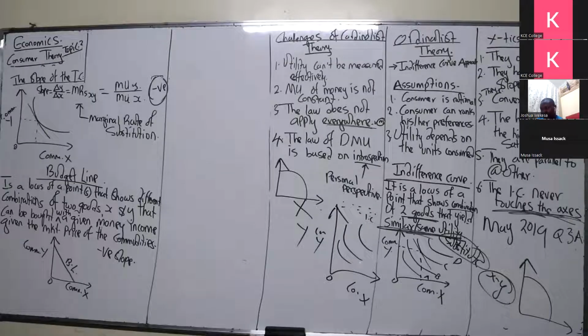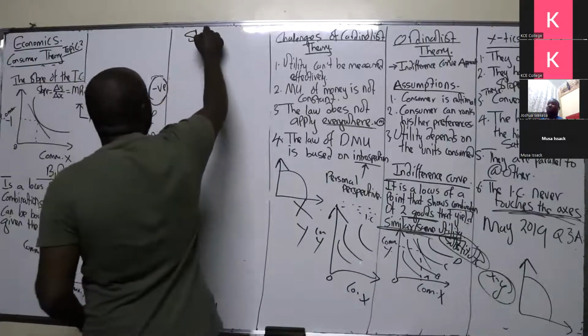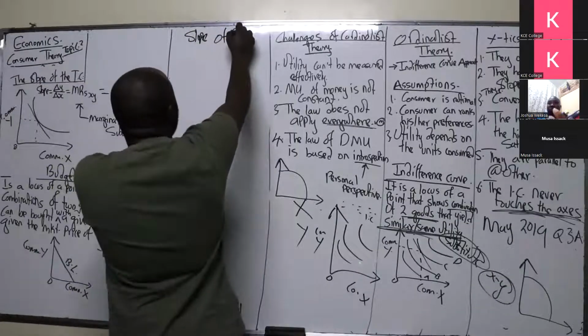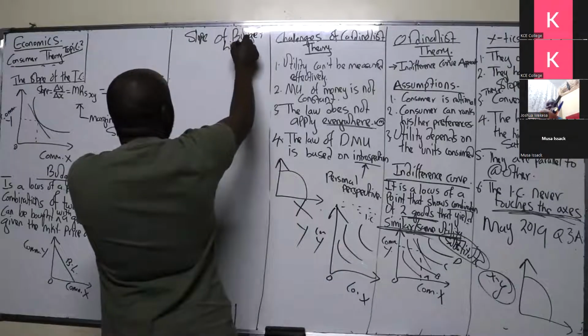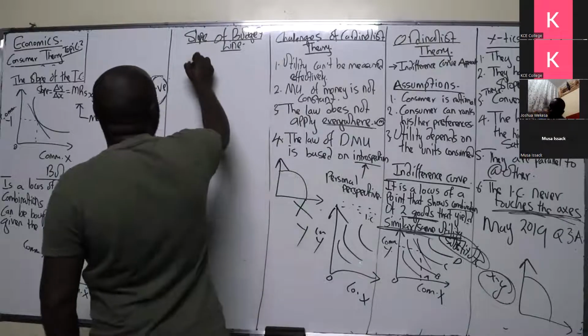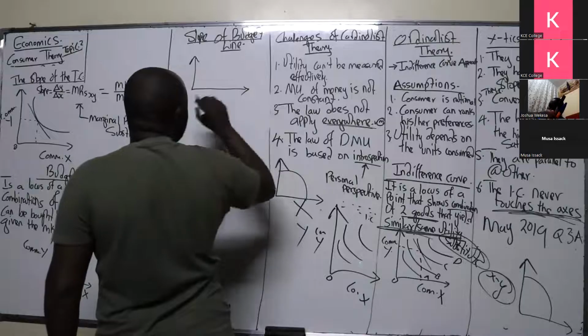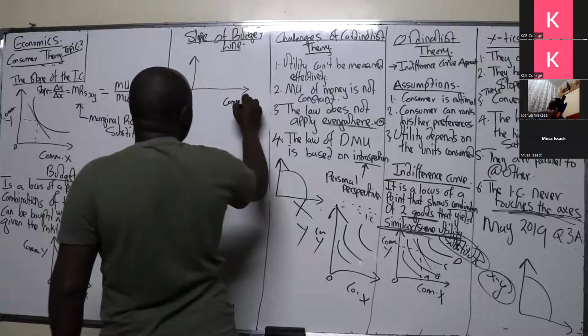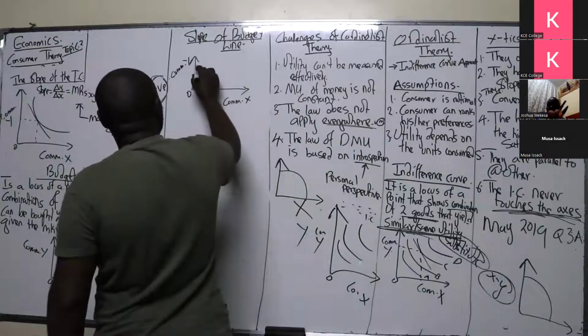So the next thing that we shall be tackling is the slope of the budget line. We have commodity X here and commodity Y here, this is 0.